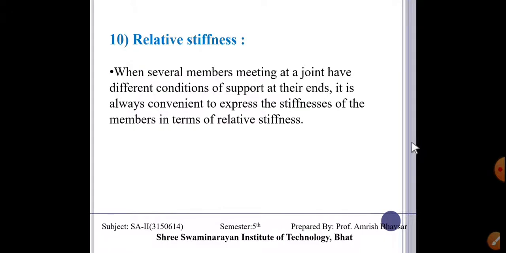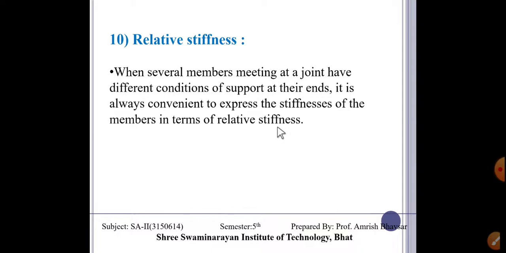Okay, good. And relative stiffness: when several members meeting at a joint have different end conditions of support, it is always convenient to express the stiffness of the member in terms of relative stiffness, which we discussed.